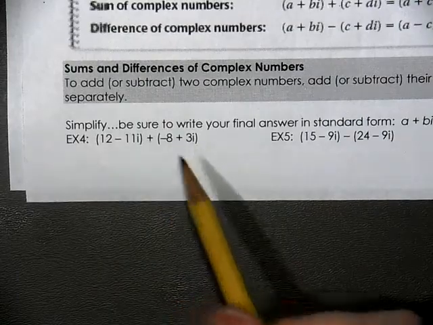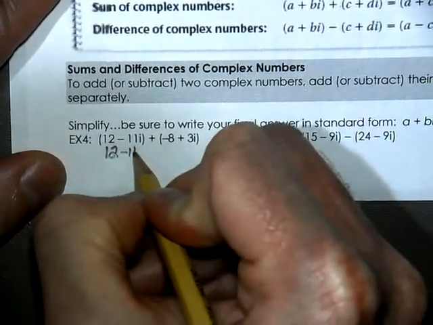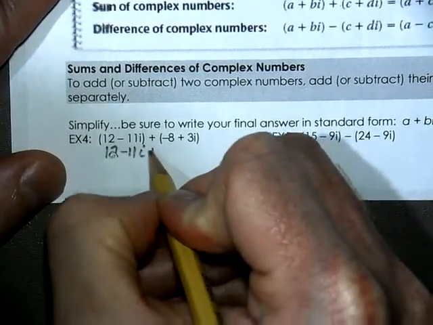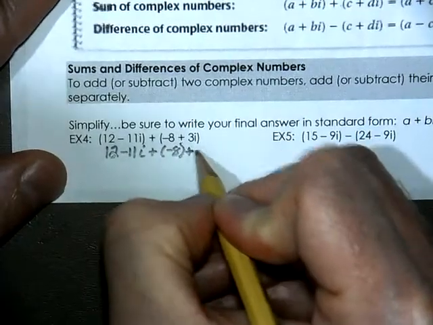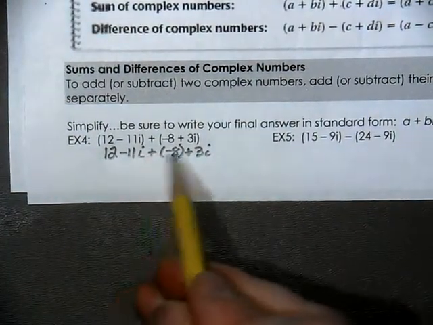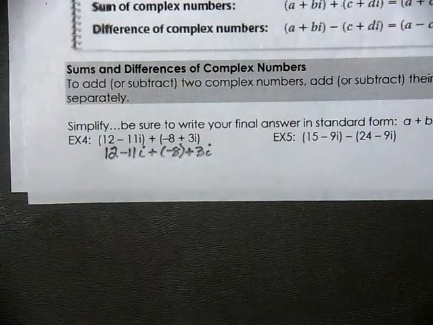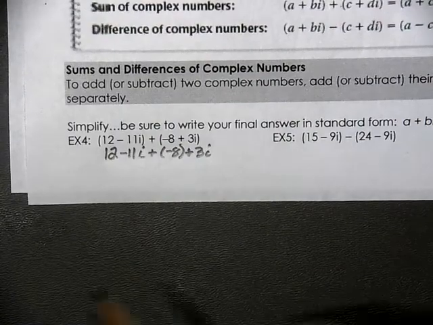It's a plus, so we do not need the parentheses. We have a negative 8, so maybe we want to use parentheses with that because we're adding a negative. But we don't need all those extra parentheses. This is not a FOILing question.